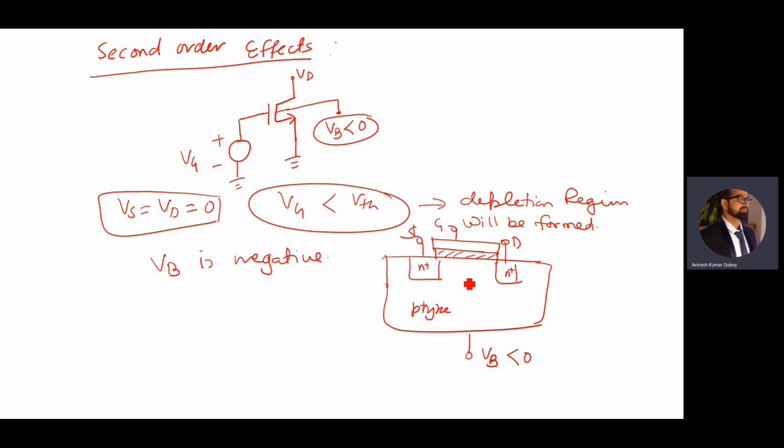Therefore, the holes, which are the majority carriers in this p type substrate, will be attracted towards the body terminal. More negative charge will be left here, and the depletion region, formed because of Vg less than Vth, will become wider. Understood?